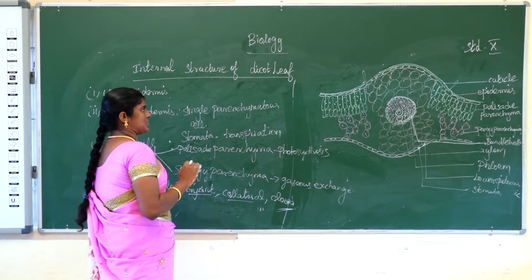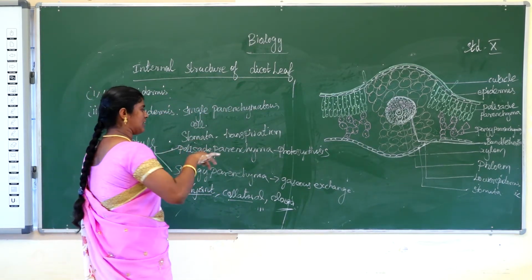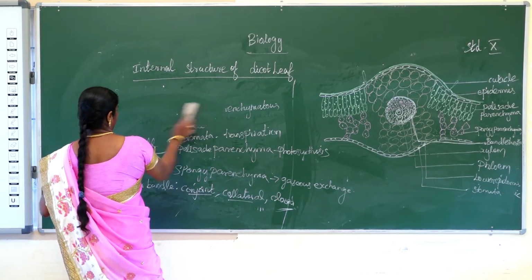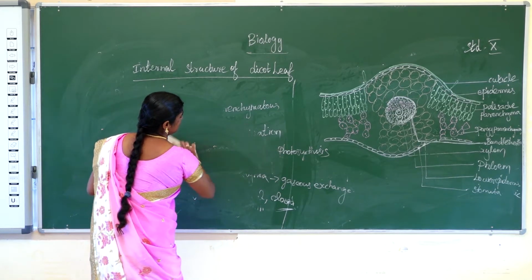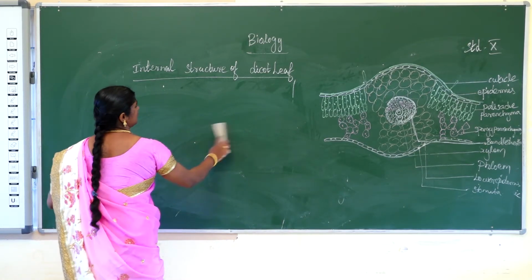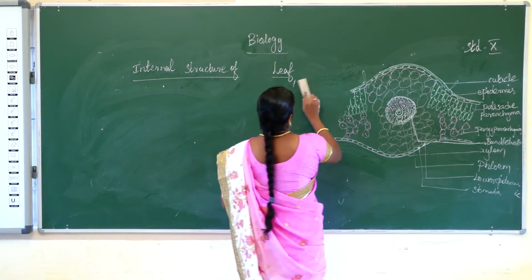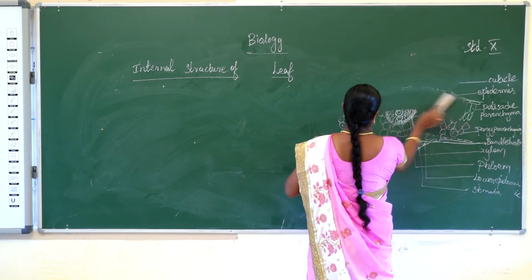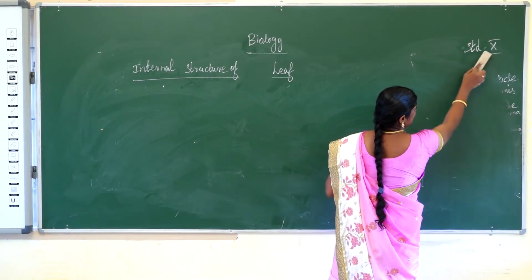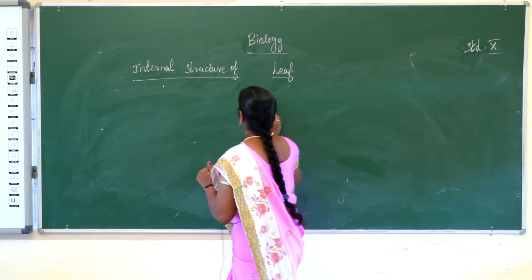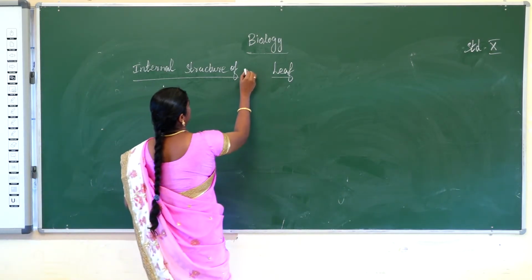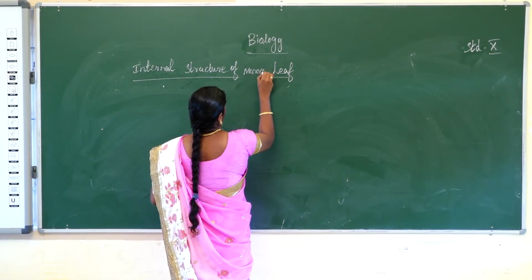Next, we see the internal structure of the monocot leaf. Monocot leaf.